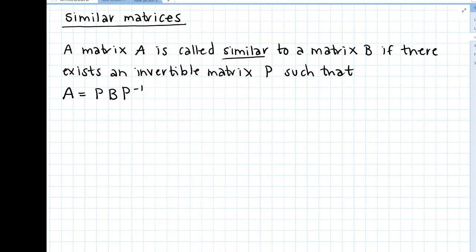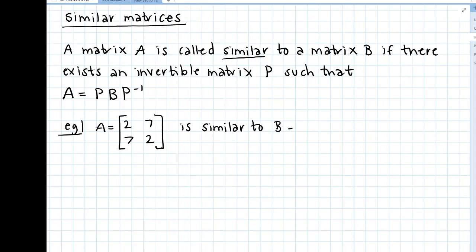So just to show you an example, and this one will be an example with a diagonal matrix, just because those are the easiest ones to cook up. This is a matrix that you had on your worksheet yesterday. This matrix is similar to the following matrix: 9, 0, 0, negative 5.